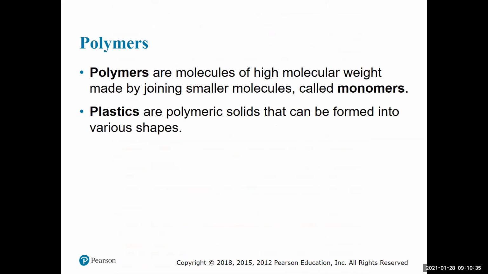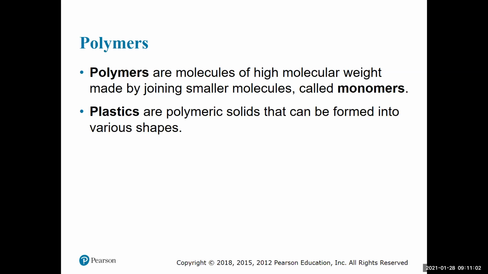So let's move on to another type of material, which is known as polymers. Usually when people think of polymers, they think of plastics, and that's pretty much the same thing. Polymers are just molecules that have high molecular weight, okay?